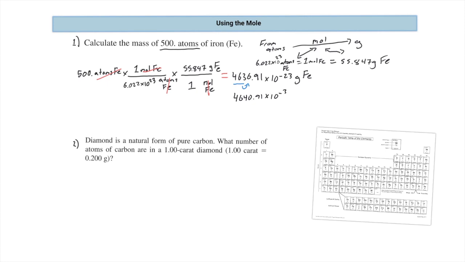Let's put that in proper scientific notation. 1, 2, 3 to the left. Make that larger. Oops, no, that should be to the 23. That's negative 20 grams of iron. There's our final answer.